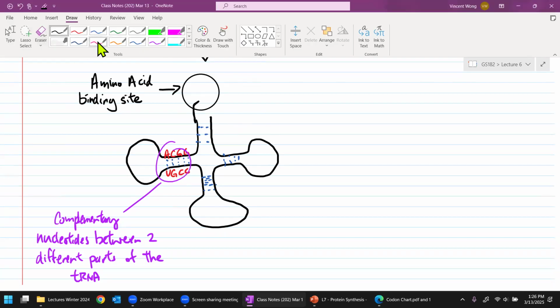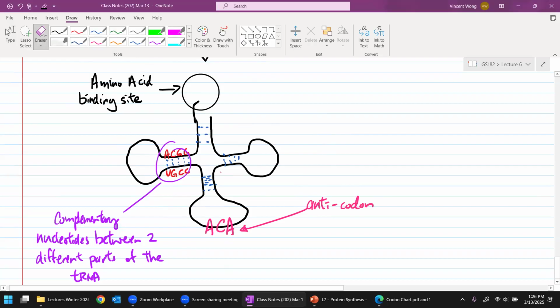Now, very important: the whole thing is like ACUG, right? But at the bottom here, there are three nucleotides that are especially important. Let's say this one is ACA. I'll explain what it means. This is called the anticodon.